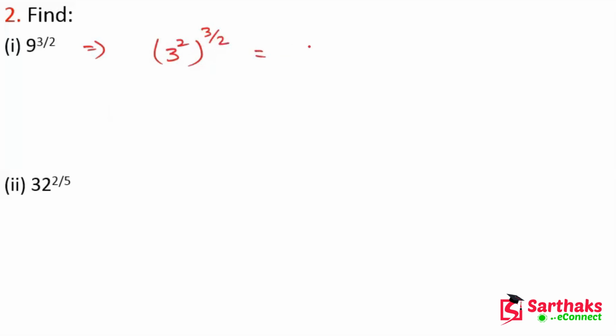Now we have to multiply the power. So we get 3 raised to power 2 into 3 upon 2. Got it? Now in this we can cancel this too. So we get 3 raised to power 3, which is equals to 3 into 3 into 3. So this is equals to 27. So this is the answer of this question.